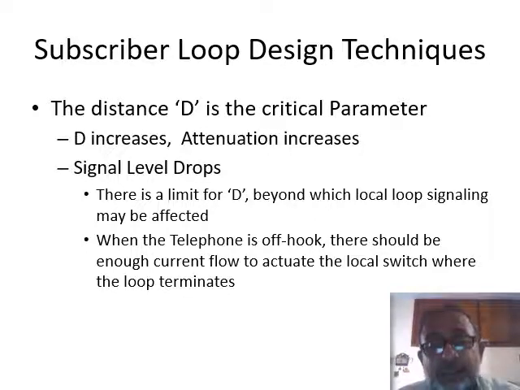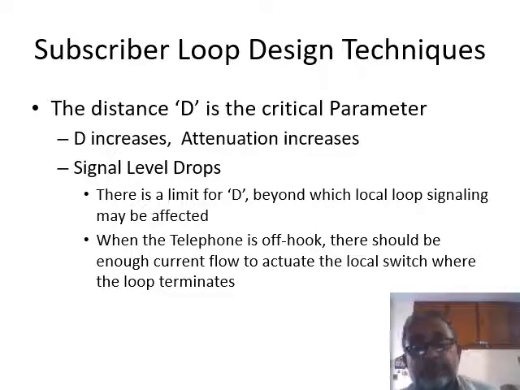As D increases, the attenuation increases because the copper wires have their resistance and impedance in between, which causes attenuation of the signal. There is a limit for D beyond which the local loop signaling may be affected, and in some cases the transmission may be affected. When we say transmission, it means the transmission of voice.